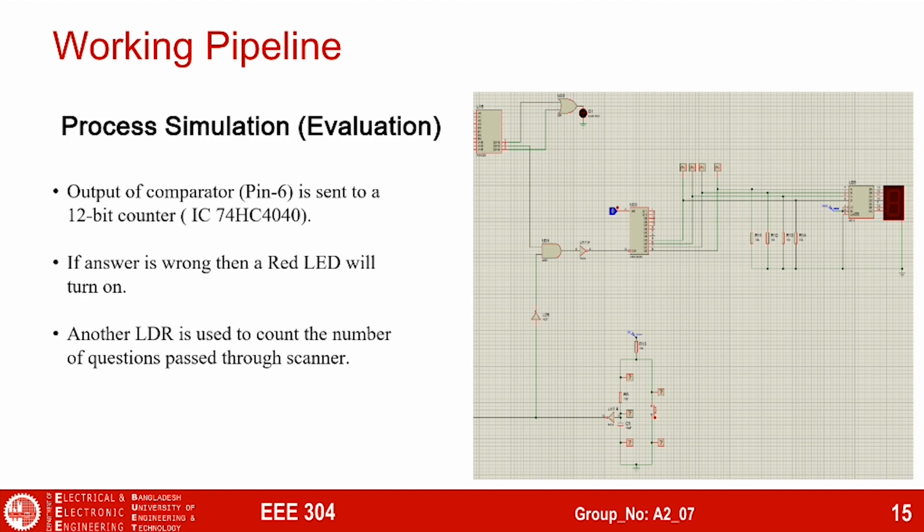When the comparator compares the scanned values and the stored values, if both are equal, then the counter counts up, and if they are not equal, then a red LED will light up showing that the stored answer and the scanned answer do not match. When the counter counts up, it shows the amount of right answers that have passed through the scanner.